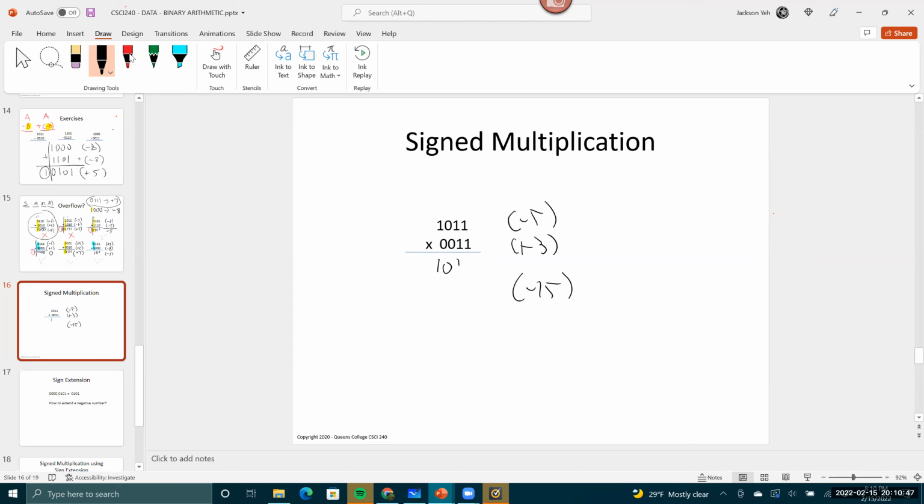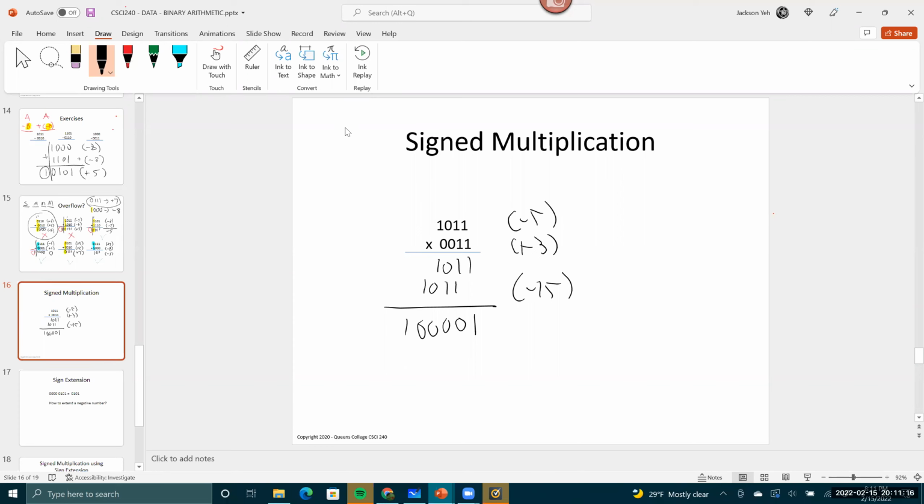If I multiply this straight through, like how I normally did it, I would end up with something like this. This is not going to be -15. There's no way you're going to make that -15. The reason it doesn't work is that with positive and negative numbers, there's at least two different ways of doing it. There could be more, but we'll talk about two.